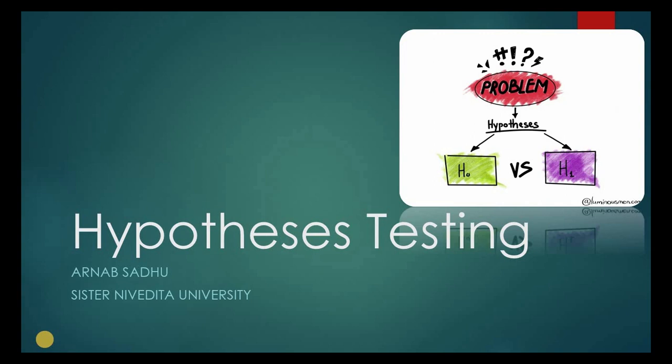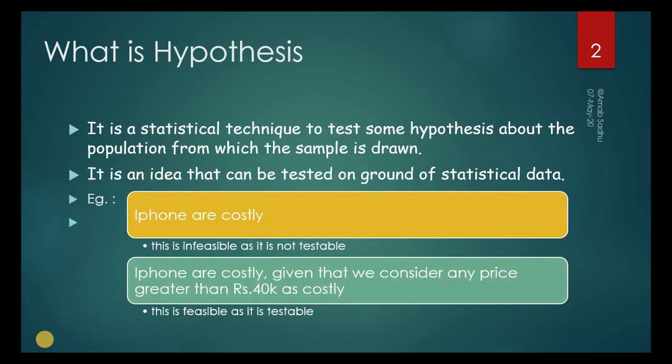So let's start with what is hypothesis. It's a statistical technique to test some hypothesis about the population from which the sample is drawn. As I have said in the last video, what is population and what is sample, and there are different methods of sampling. So if you are drawing some sample out of population, mainly to test some statistics, like I have given a statement like iPhone are costly.